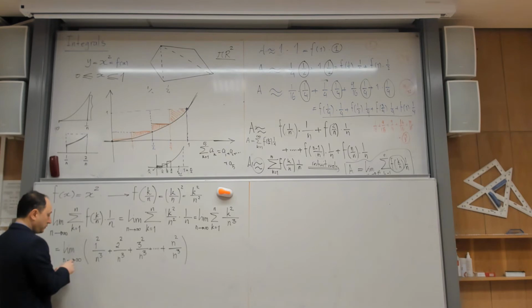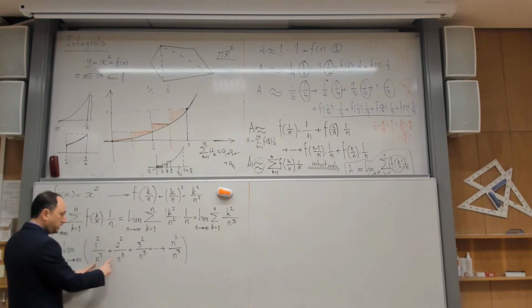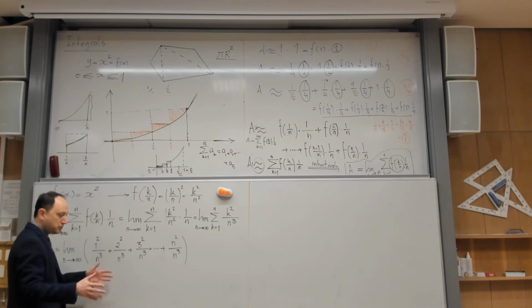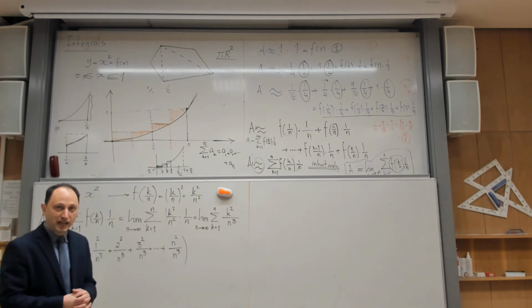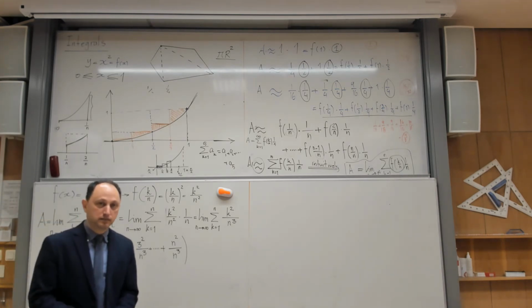It means that when n becomes very large, this becomes infinitesimally small. The point is that if I have a bunch of infinitesimally small numbers and I add them, it becomes, of course, infinitesimally small, unless I have infinitely many of them.